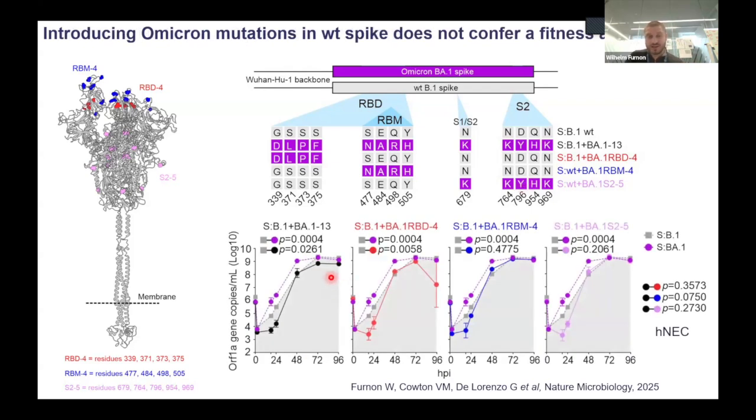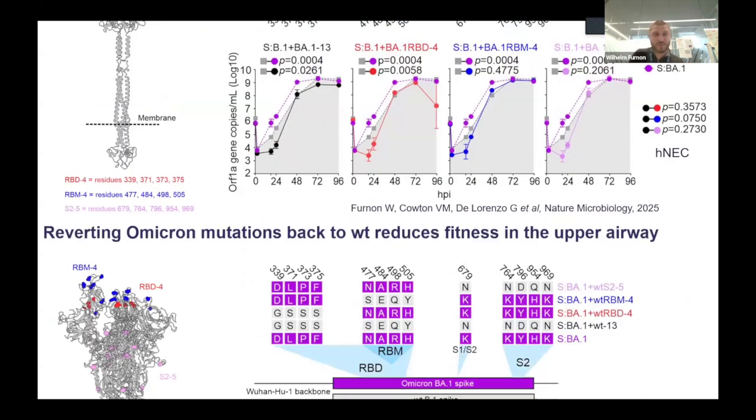The take-home message is that it doesn't matter if you introduce these mutations by cluster or all together, they do not confer this replicative advantage in airway culture. So we do not recapitulate the phenotype we observe with the full Omicron BA.1 spike, which was a bit disappointing, but it is what it is.